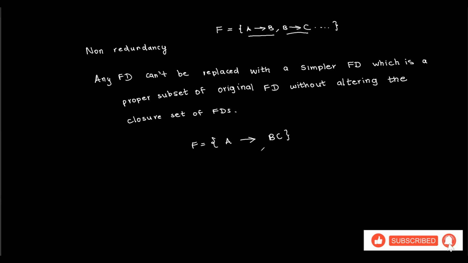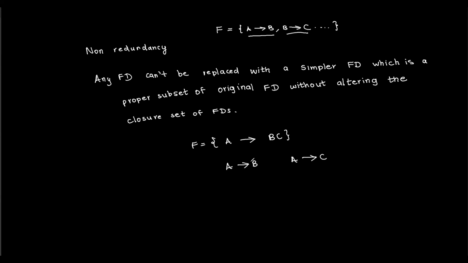We can actually decompose this and we can have simpler FDs like A functionally determines B and A functionally determines C. This is a proper subset and this is also a proper subset. At the same time, this is a simpler FD and this is also a simpler FD. So I can actually replace this and I can say F dash is A functionally determines B and F dash also contains A functionally determines C.